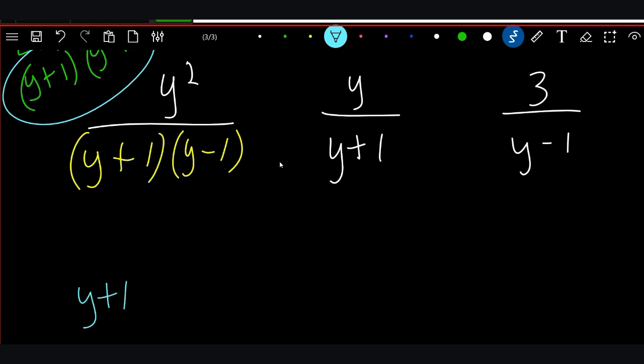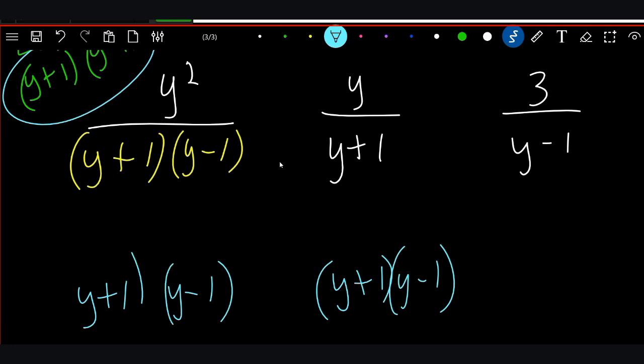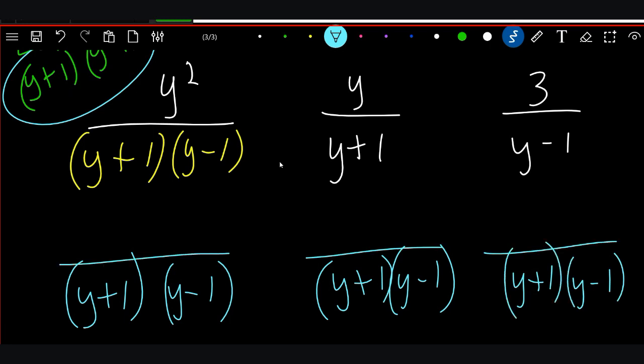Y plus 1, y minus 1. Y plus 1, y minus 1. And the last one also y plus 1, y minus 1. Okay, those are our new denominators, our LCDs.